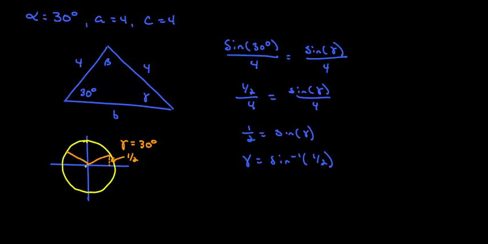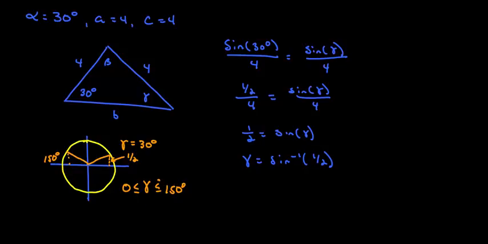Another place between, now remember, gamma is stuck between, it can't go any lower than 0, but it can't go any higher than 150 degrees. Because if it goes higher than 150, we've got more degree measurements in the triangle than what we can have. So the other possibility, the other place where sine is positive 1/2 is over here at an exact value of 150 degrees.